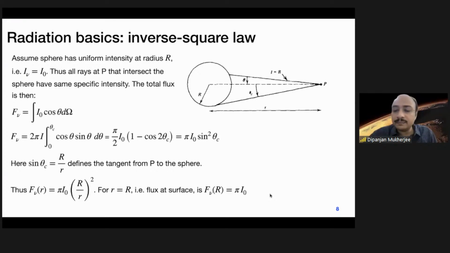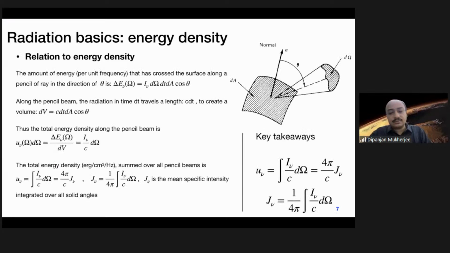Richik Bhattacharya: Sir, can you please show the previous slide once? Here we can see that the total energy density U nu is the integral of I nu divided by c d omega, which is equal to 4 pi by c J nu. So the c gets cancelled, and J nu is equal to 1 by 4 pi times the integral of I nu d omega.